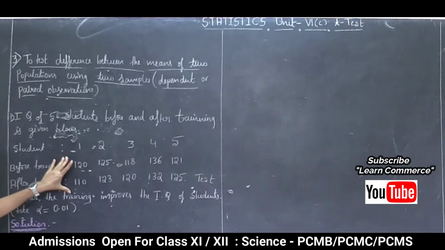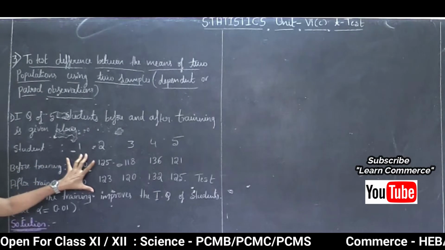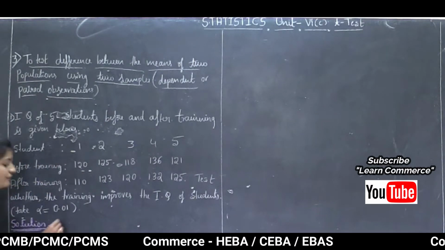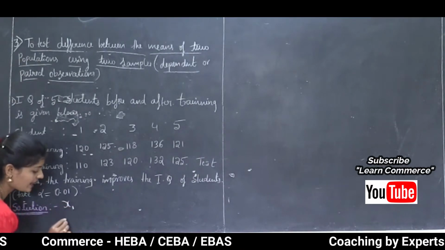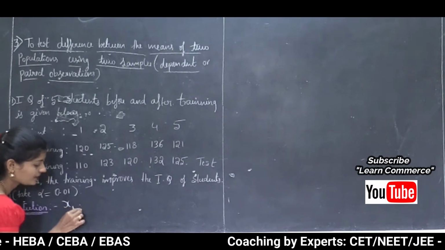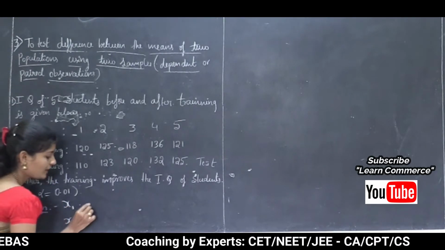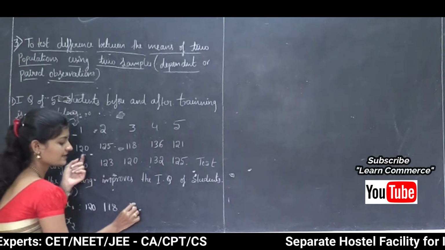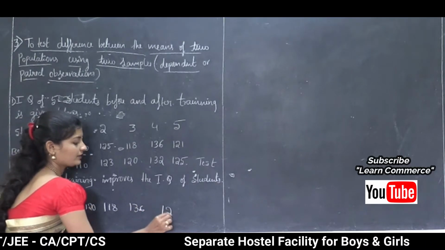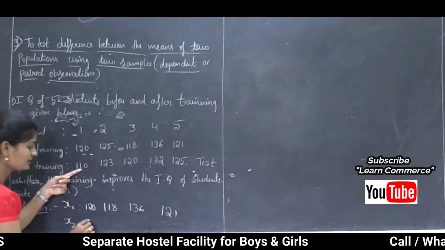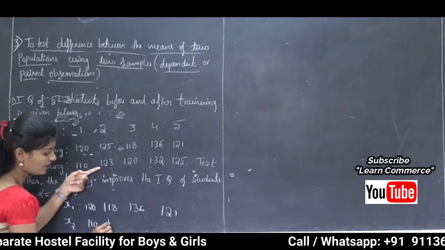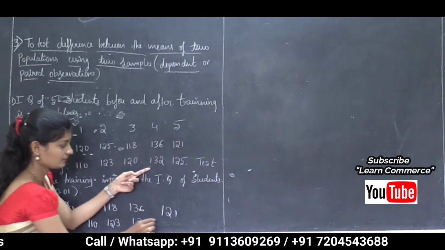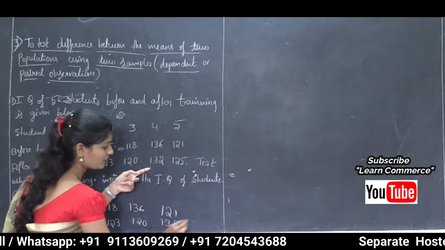We know that observations are denoted by X. So here there are two sets of observations, which is why I will write the first set as X1 and the other set as X2.